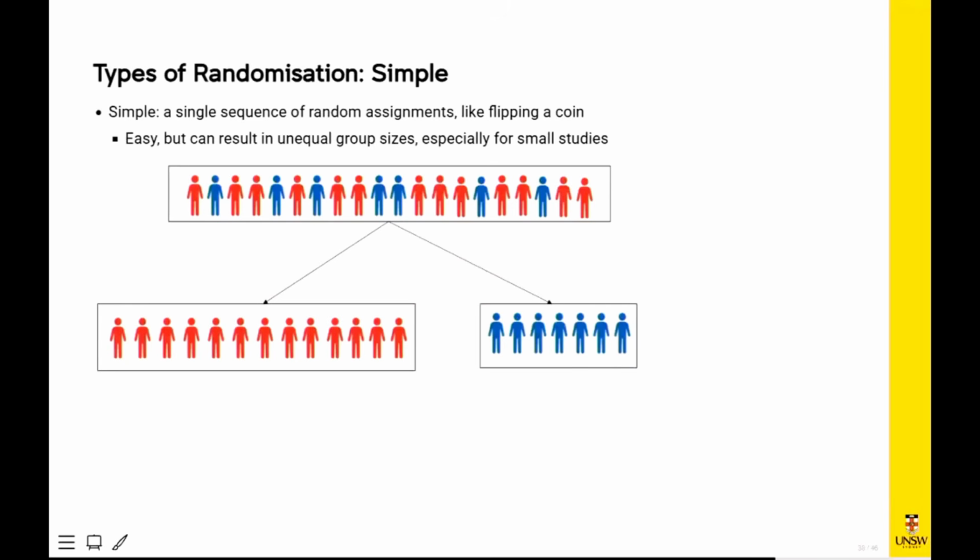But the thing is, when you do a randomization like this, you are not guaranteed to actually have equal or similarly sized groups, just because of random chance when you are flipping that coin. So this is not the best way, particularly for small studies, because that's where that imbalance shows up most. So it's easy, but it's not particularly good.